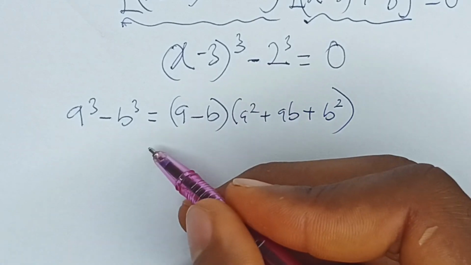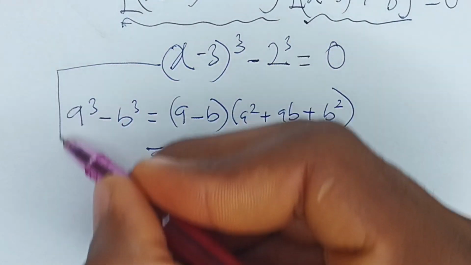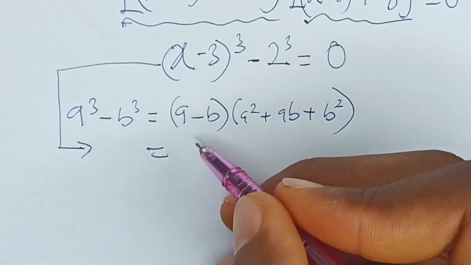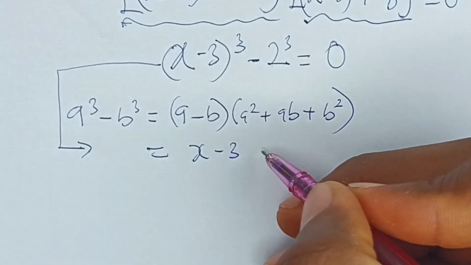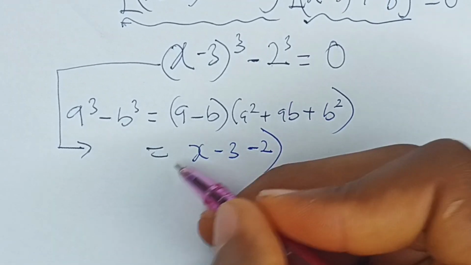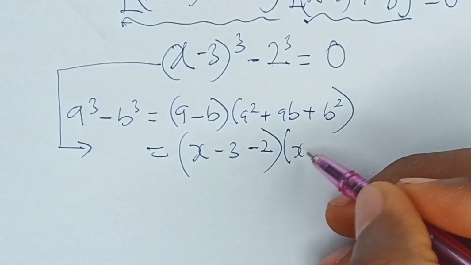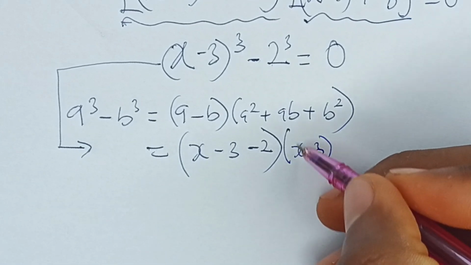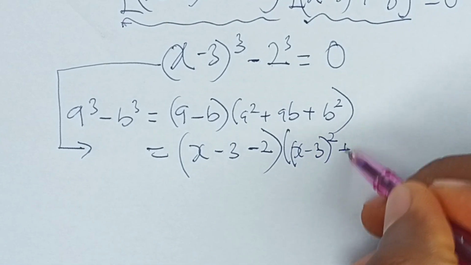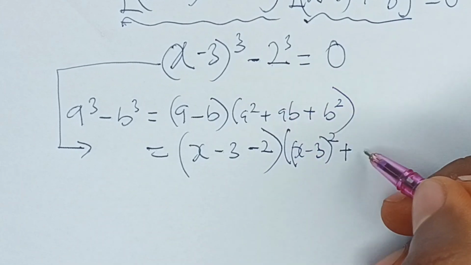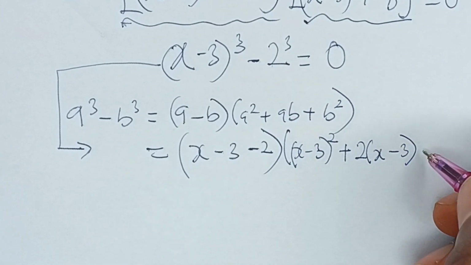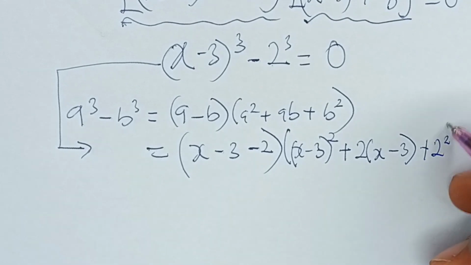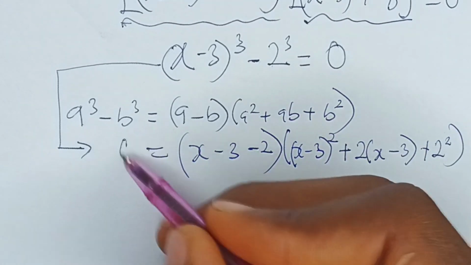So from here, we have (x − 3 − 2) multiplied by ((x − 3)^2 + 2(x − 3) + 2^2) being equal to 0.